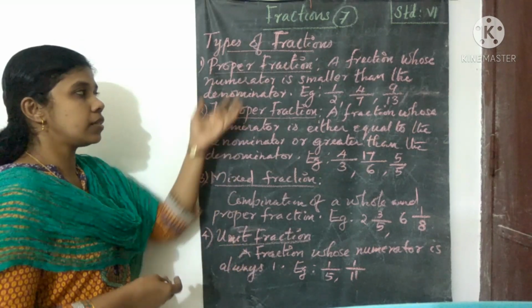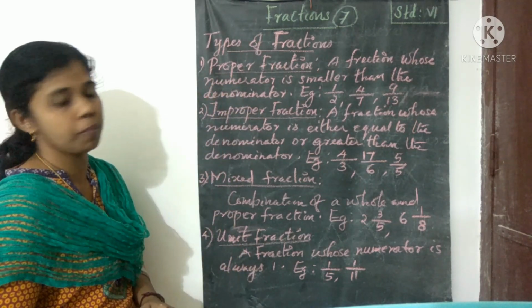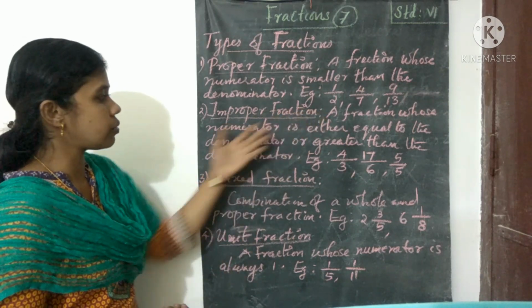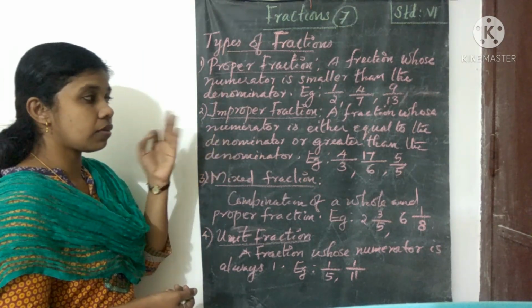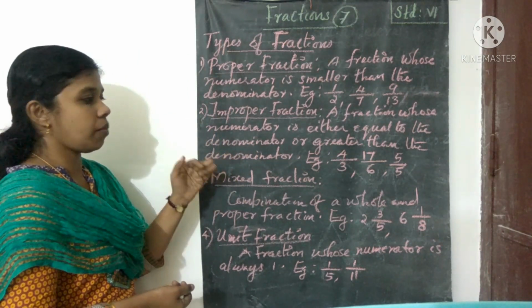The next, what is the reverse of the proper? That is improper fraction. It is a fraction whose numerator is either equal to the denominator or greater than the denominator.